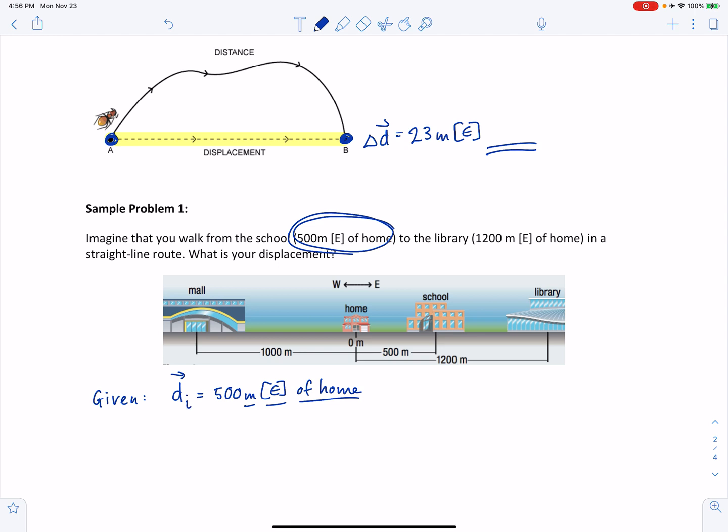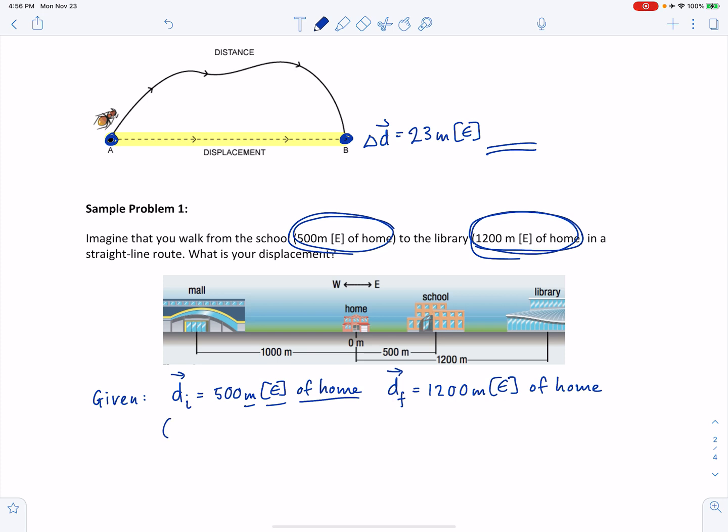The second piece of information that's given is 1,200 meters east of home. This is our final position, which will be given the symbol D with an arrowhead on top with the subscript F for final.